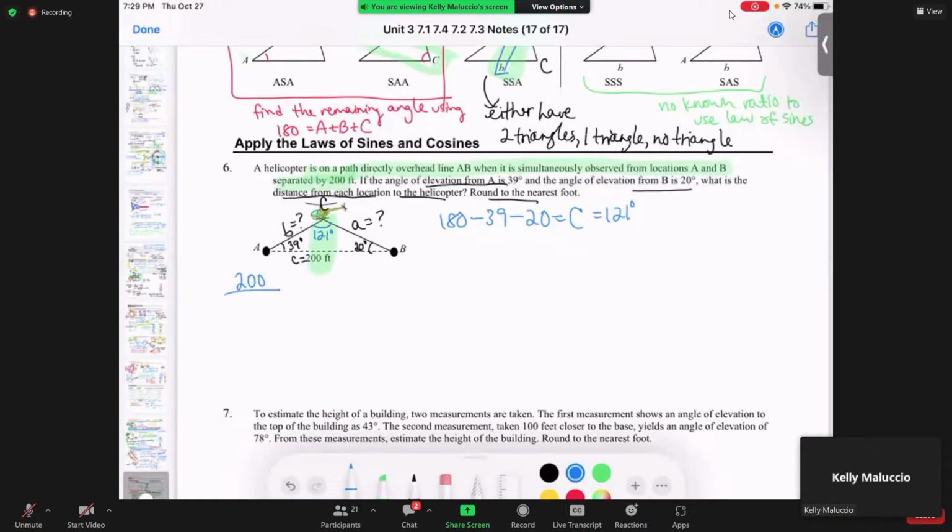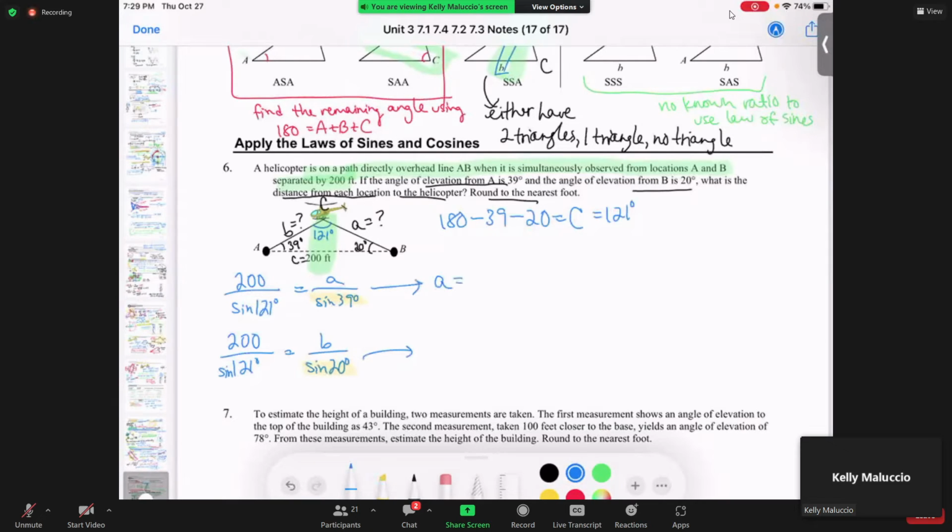So 200 over sine of 121 degrees has to equal little a over sine of 39 degrees. And 200 over sine of 121 degrees has to equal little b over sine of 20 degrees. For both of these we can just multiply by the denominator and rewrite it.